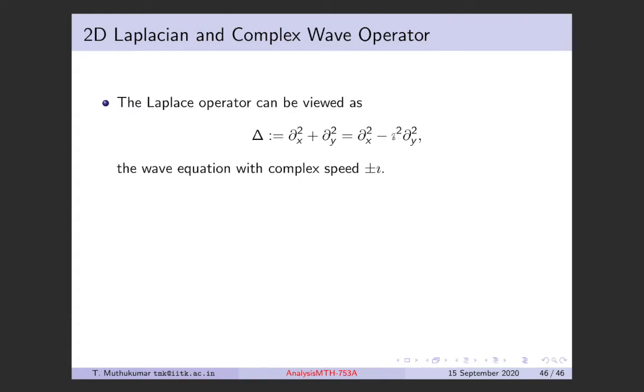In fact, you would have also seen other advantages of the complex number i when you solve second order constant coefficient linear ODEs. You would write down an auxiliary equation, solve that quadratic equation, and whenever it had complex roots, you had solutions in terms of cos and sine.